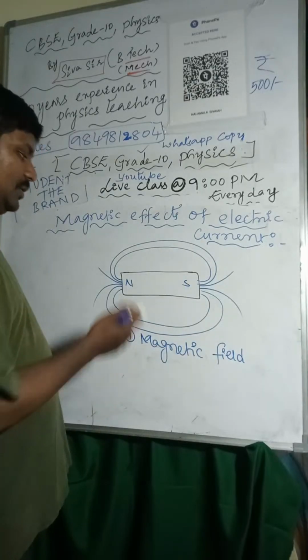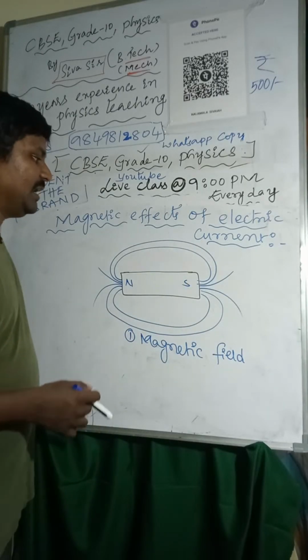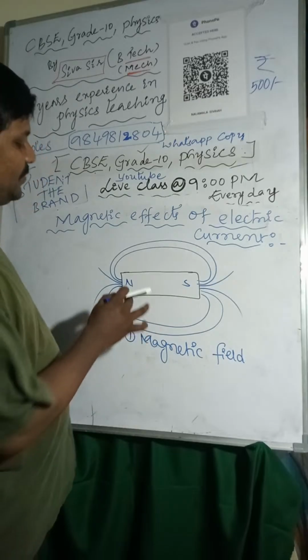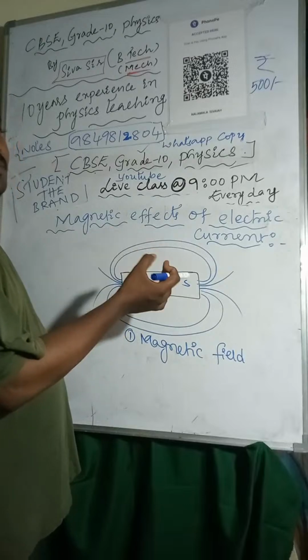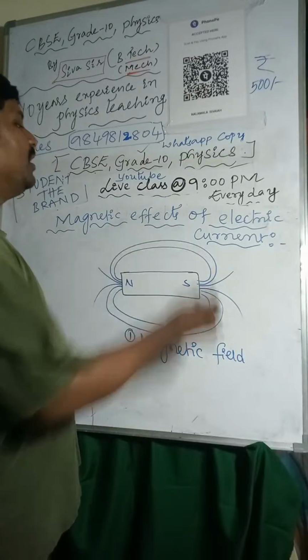Here we can observe one thing. Outside of the bar magnet, the field lines go from north to south.